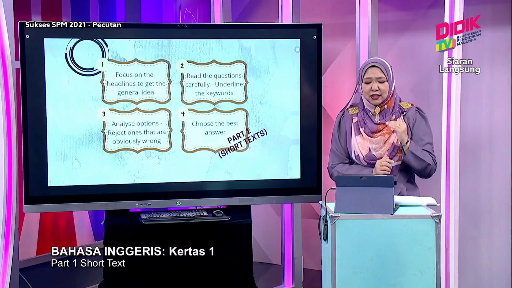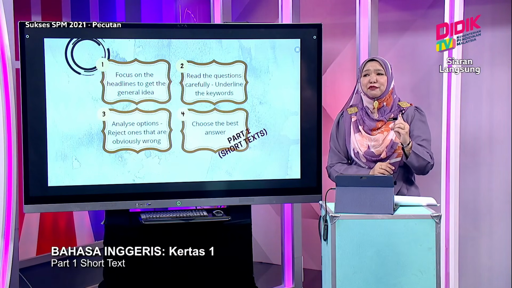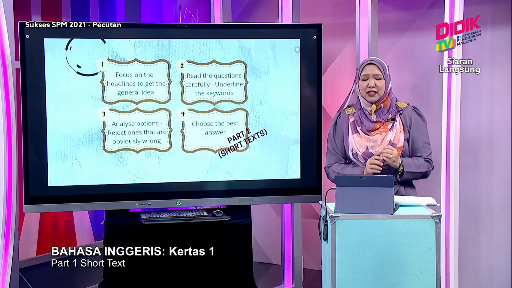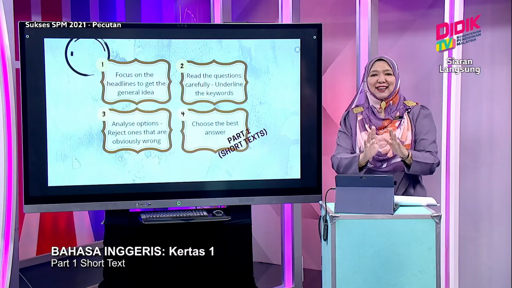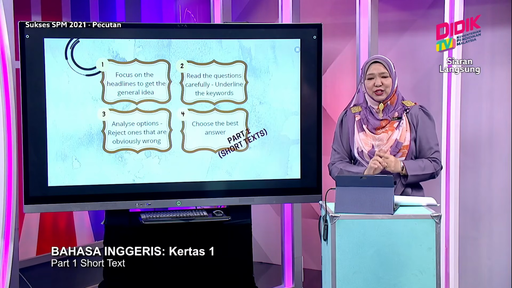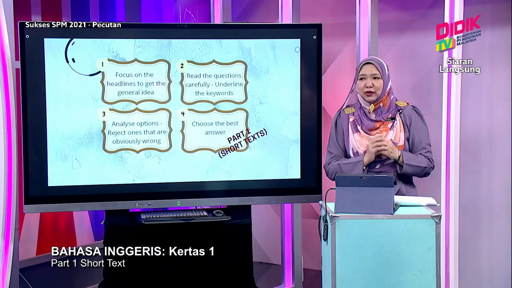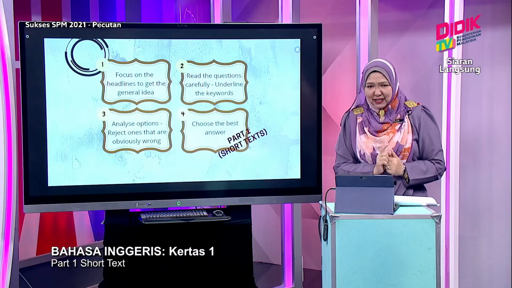So analyze the options and reject the ones that are obviously wrong, meaning that you are 100% sure that it is wrong. So you cross out the options that are wrong, then you will get your best answer.